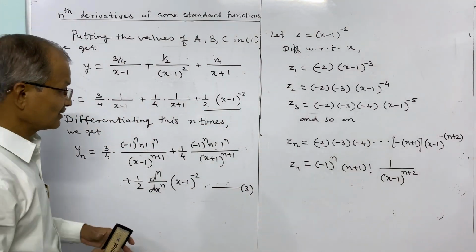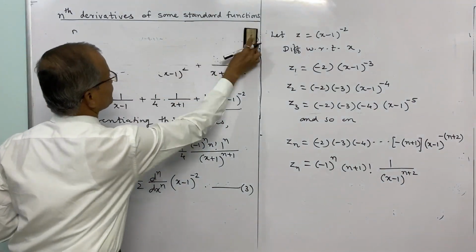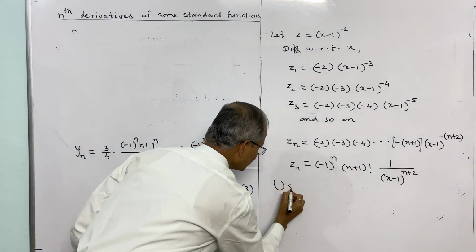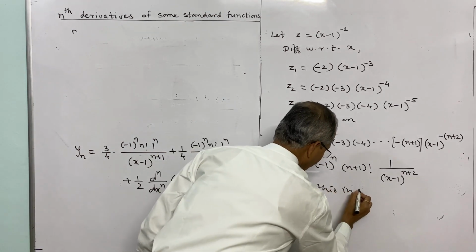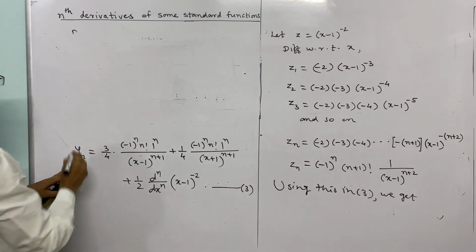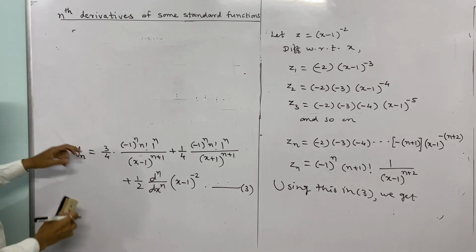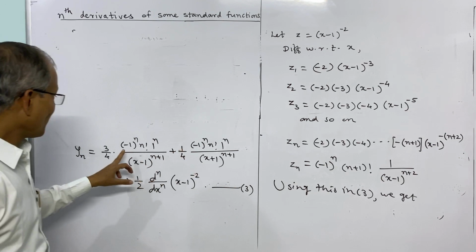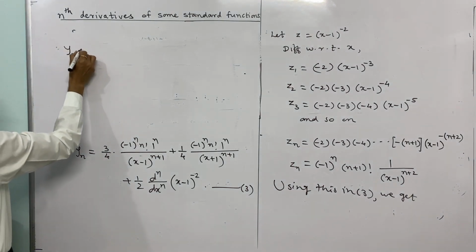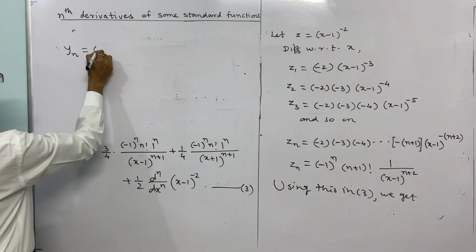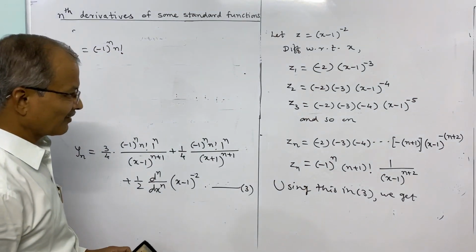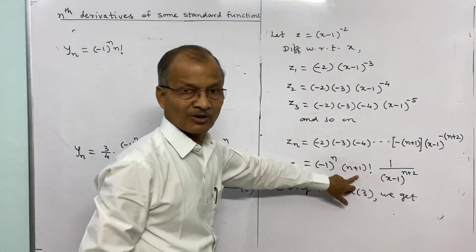And finally, using this in equation 3, we get, now you see, yn is equal to, from this expression, minus 1 to the power n into n factorial, which is common from these two terms, and the last term is n plus 1 factorial, which can be reduced to n plus 1 into n factorial.